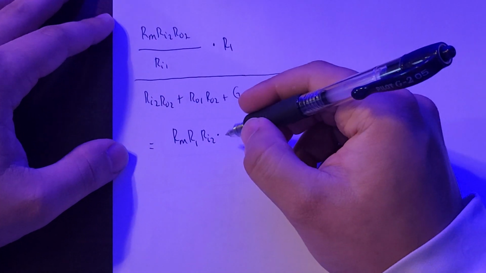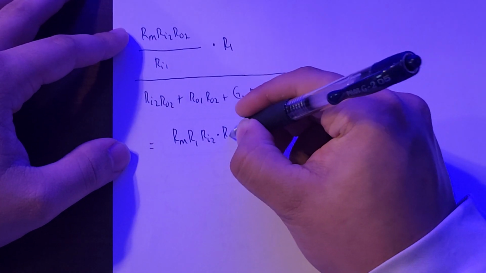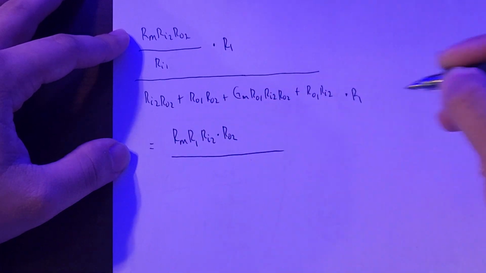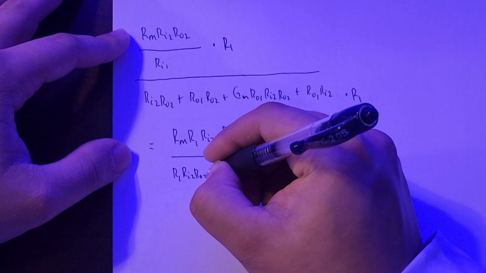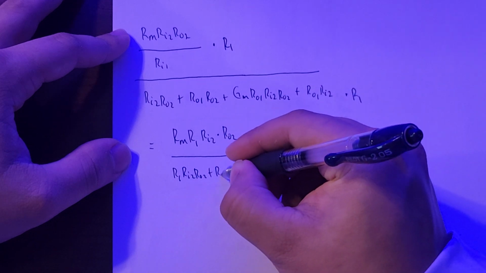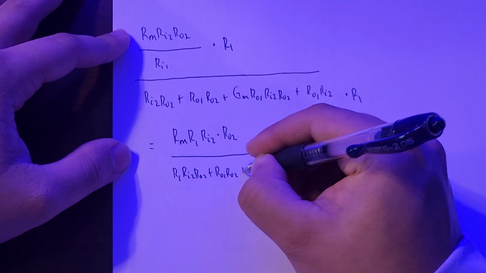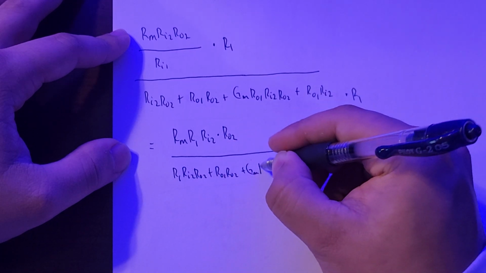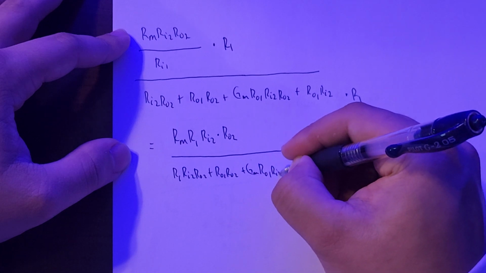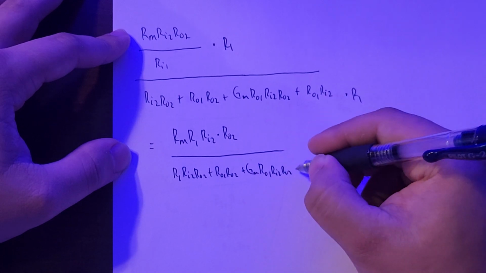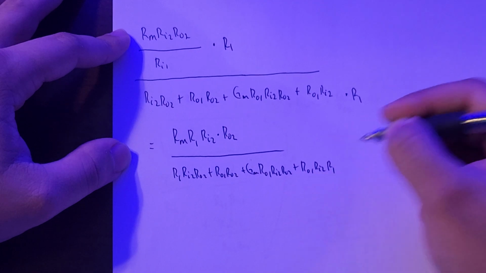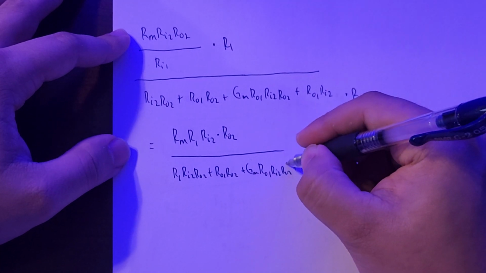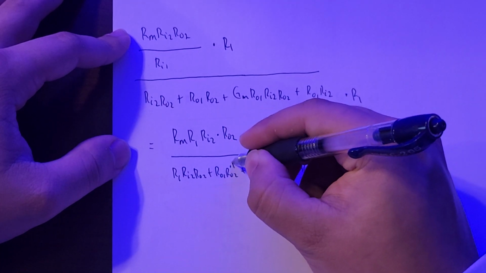Okay. R1, R in 2, R out 2 divided by, again, R1, R in 2, R out 2 plus R out 1, R out 2 plus GM R out 1, R in 2, R out 2 plus R out 1, R in 2, R1. And of course this is multiplied by R1 also, and this is also.